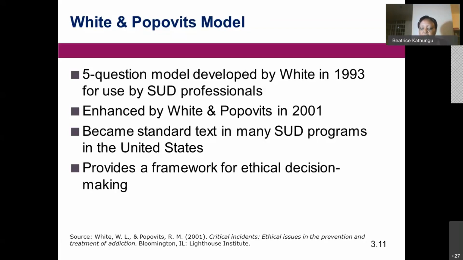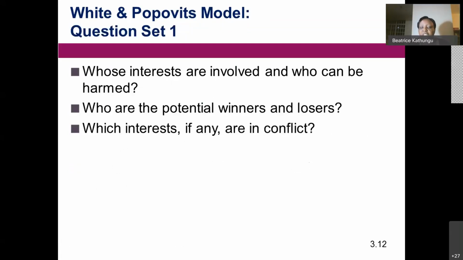I have had that input by Dr. Oko. It's a very good input. Probably when we work through this model, we shall be thinking about how we can still make an ethical decision, even when we have the kind of challenges that we may have. So what are these 5 questions? The first set of questions asks you to reflect on the following.